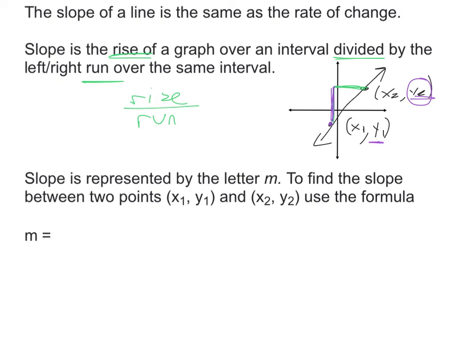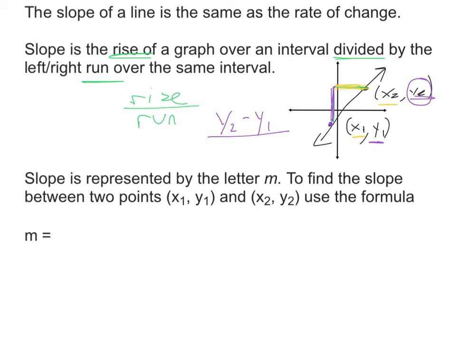So how far did we go up? Well, we want to find the difference in where y1 is sitting compared to where y2 is sitting. So we'll take the bigger y2 and subtract off y1. And then we're talking about how much we went from left to right. And we started at x1 and went over to x2.